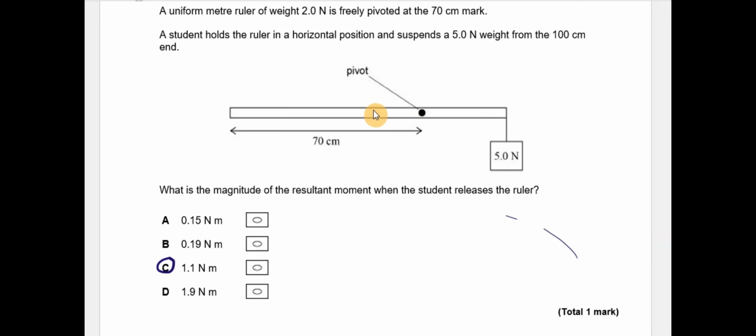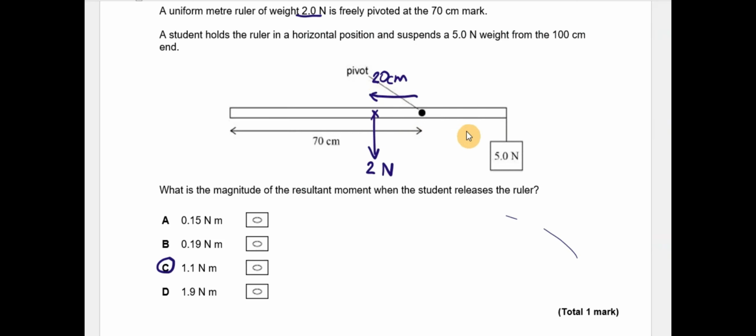Okay, so the first thing we need to do on this is mark on the weight of the ruler, which is 2 newtons. Because it's a uniform ruler, that is going to be in the center of the ruler, acting downwards. So that's going to be 20 centimeters from the pivot point.